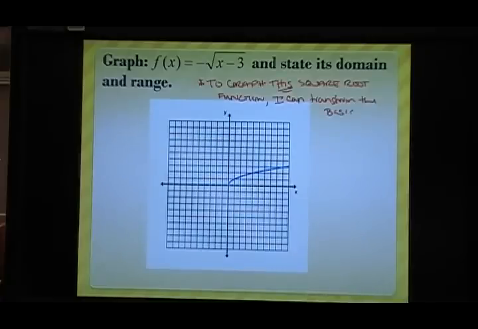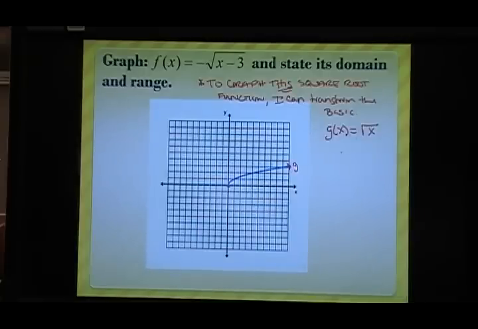Okay? Or move points on the basic in a manner that is consistent with the values we're seeing in the function itself. Okay? So our basic we're going to call g. So g of x equals the square root of x. That is our basic, and that is what I've graphed for you here.